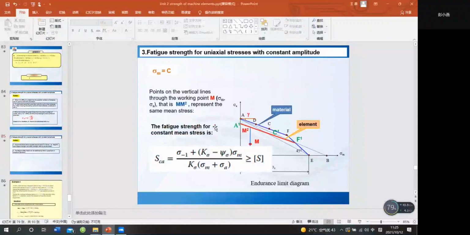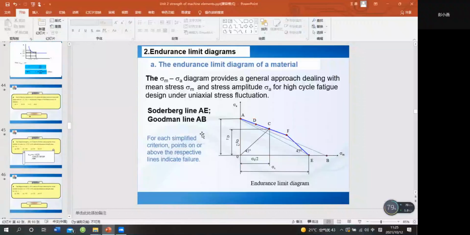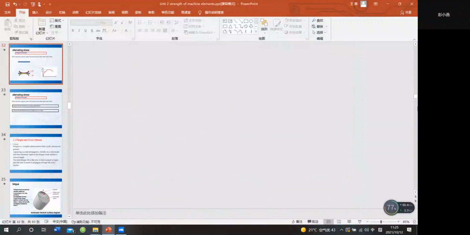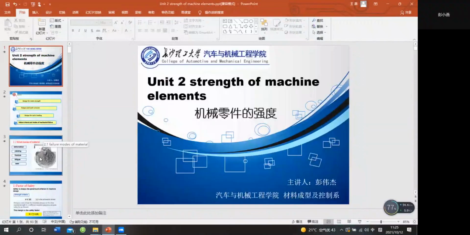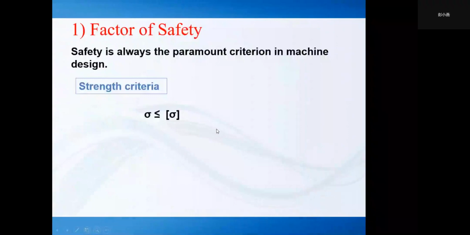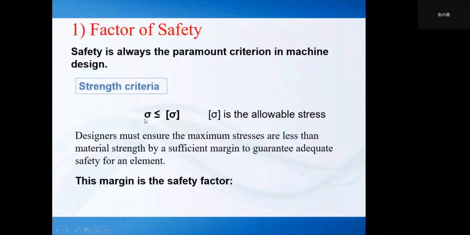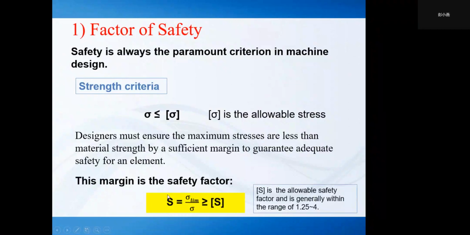Let's review this class. We have learned the factor of safety, and we studied the four criteria, the strength criteria: the working stress should be less than the allowable stress, which means the safety factor should be larger than the allowable safety factor.